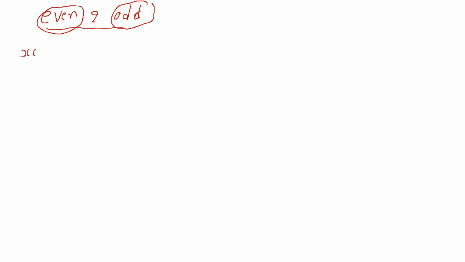Let x of t is equal to 1 plus t plus 3t square plus 5t cube plus 9t power 4. So what is the formula for calculating the odd part as well as the even part of a given signal?